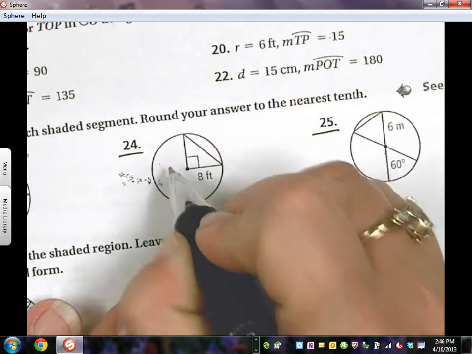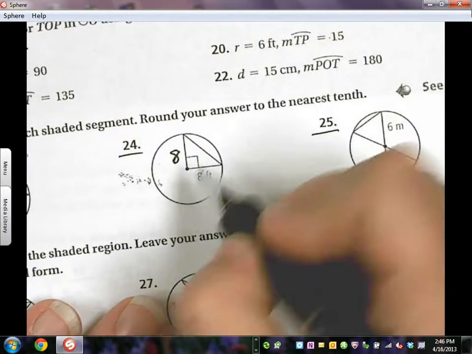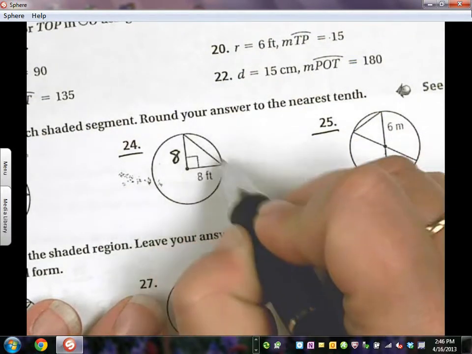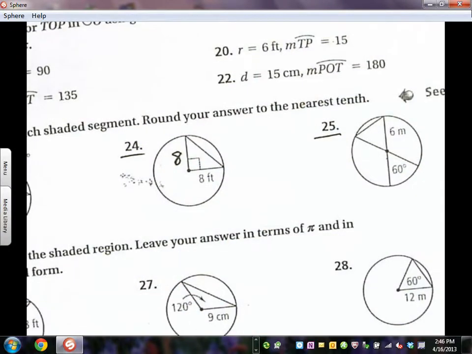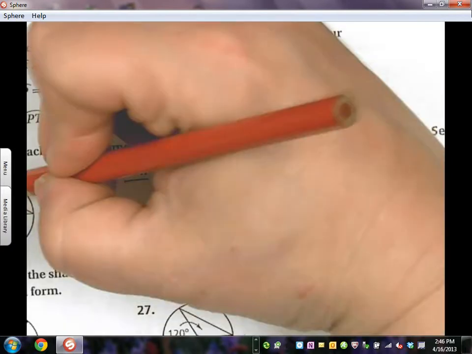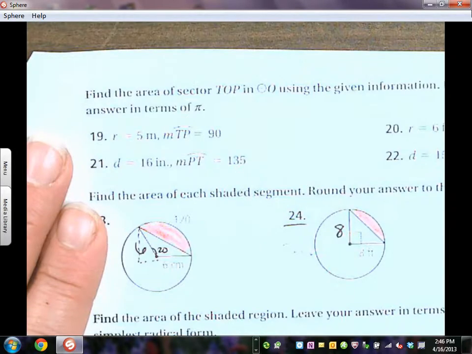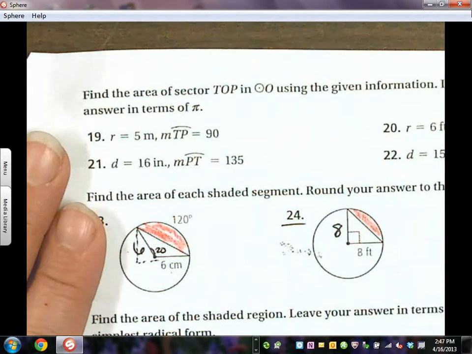This is just like the one we did. We have 8. We have 8. Let's find the area of our triangle first. They want me to find this area right here. They want you to find this area over here. I'm sorry. Okay. And they want you to find this area right there.